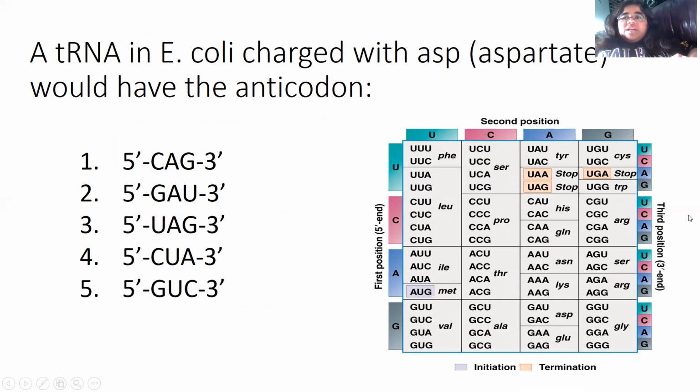A tRNA in E. coli charged with aspartate would have which anticodon?